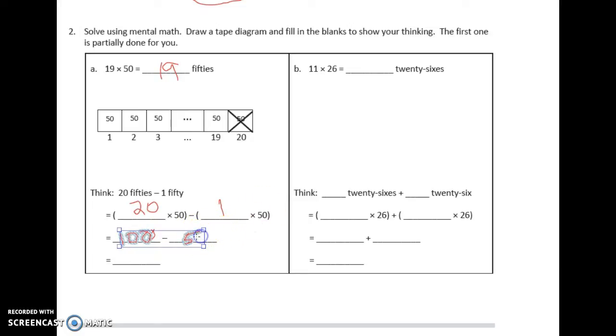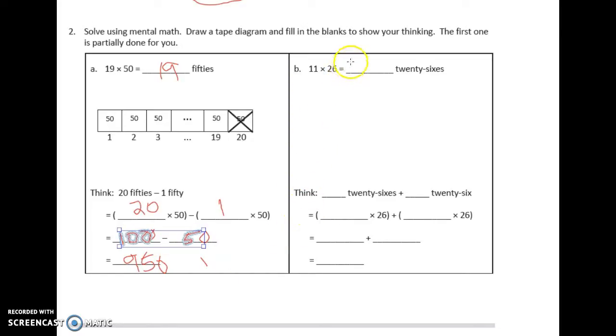Whew, my pen is not working so well today. Let's see if we can get this figured out. So if we have another 50 that we're taking away, we know that 1,000 minus 50 is going to end up being 950, because we took 50 away.